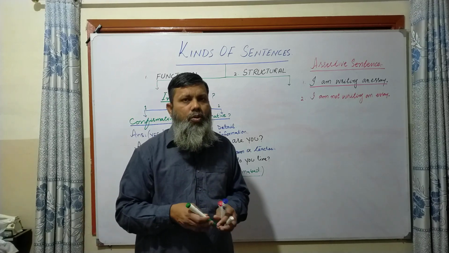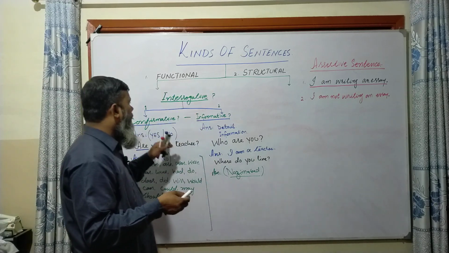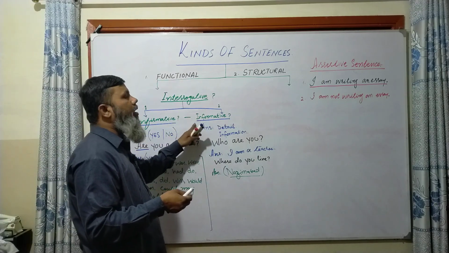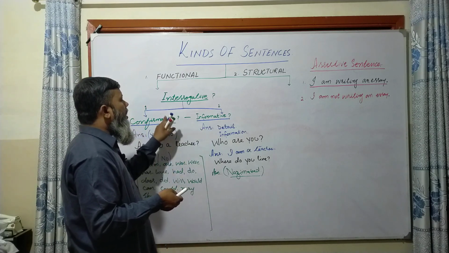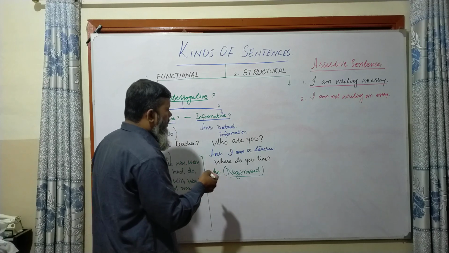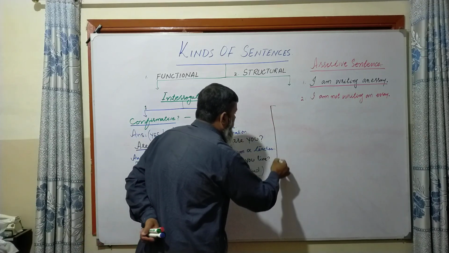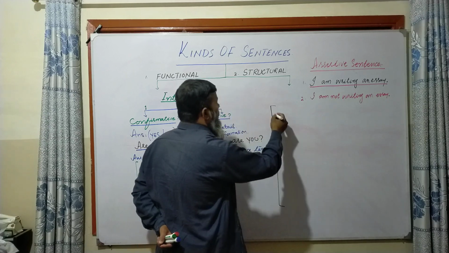So I think you have understood the difference between confirmative and informative. These are the two types of interrogative sentences. Informative interrogative sentences start with WH words.